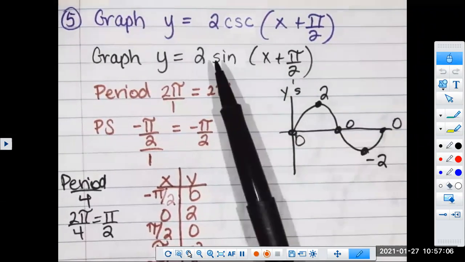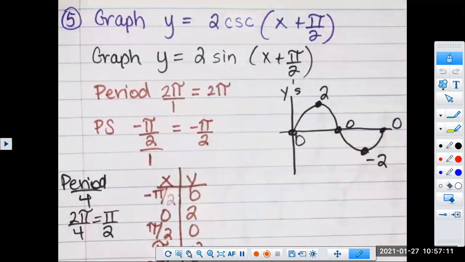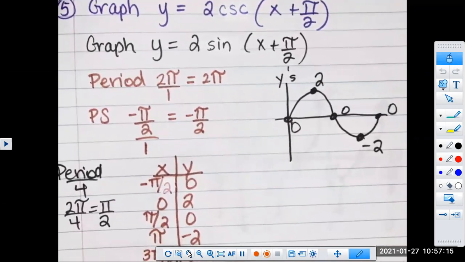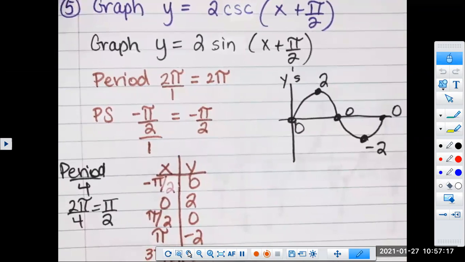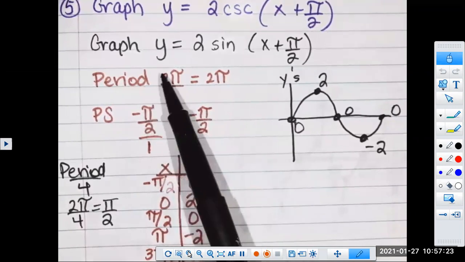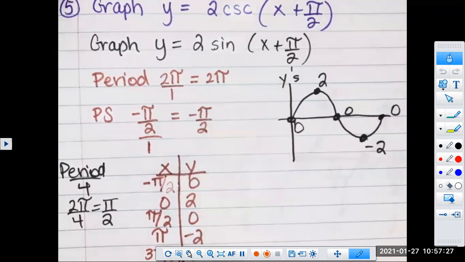First, we're going to graph the sine version of that function. Your period is 2 pi divided by b, which is 1. So my period for this graph is 2 pi.